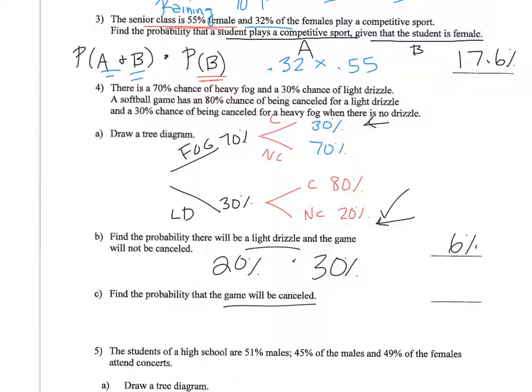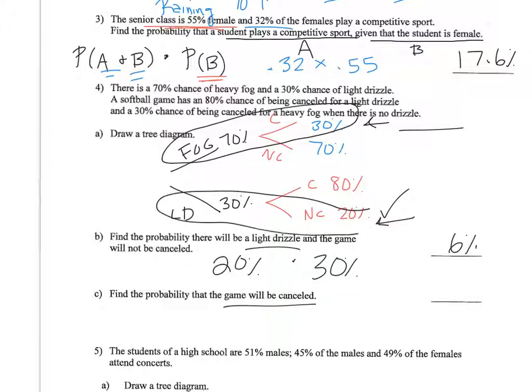So I'm going to multiply 30% times 70% and get that, and then multiply 30% times 20% and get that, and I'm going to add them. So this one is 21% chance, and the other one is 6% chance. So the probability it will be canceled is you're going to add these two together, 27% chance.